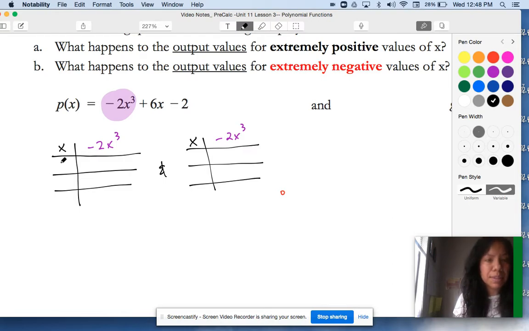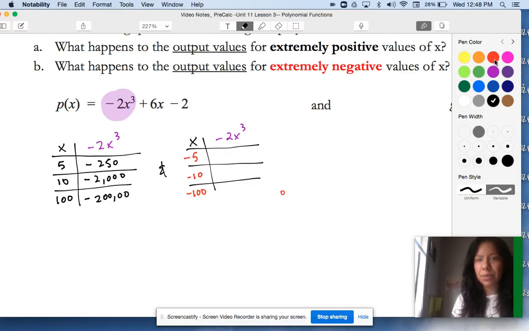Extremely positive, let's start with 5, 10, and then 100. Those are pretty extremely positive. For negative, let's just do their opposites: negative 5, negative 10, negative 100. Since this is an input and output chart, we can substitute 5 in, 10 in, and 100 in, and we're going to get negative 250, negative 2,000, and then negative 200,000.